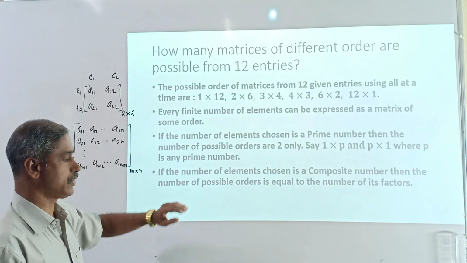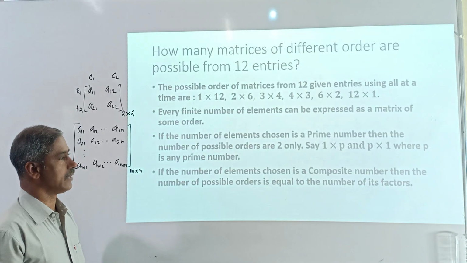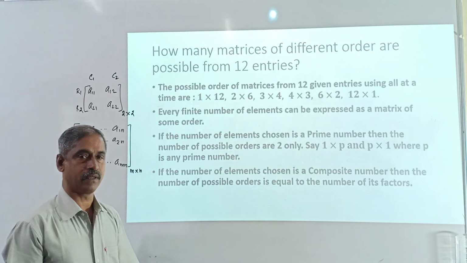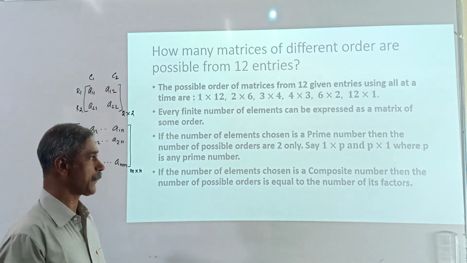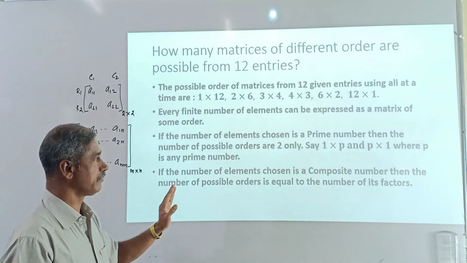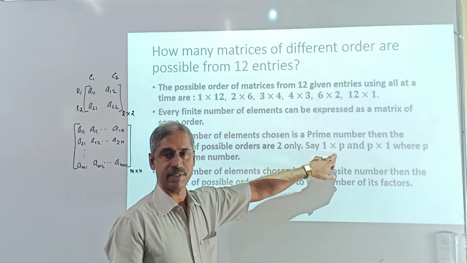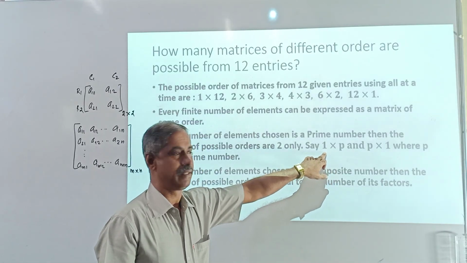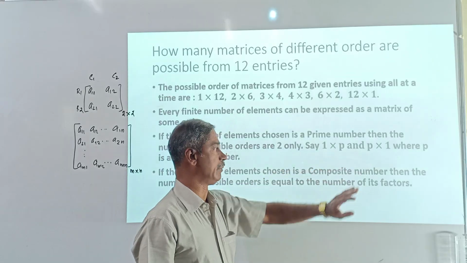If the number of elements chosen is a prime number, then the number of possible orders is normally 2 itself. If there are p elements involved in the matrix, p being a prime number, it could be written in the form either 1 by p or p by 1 only.